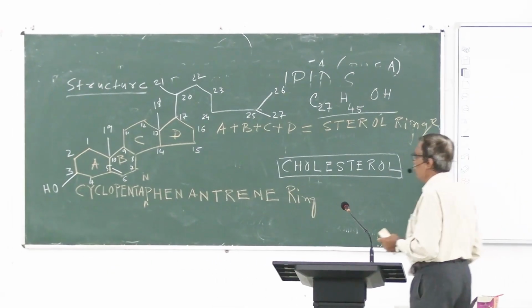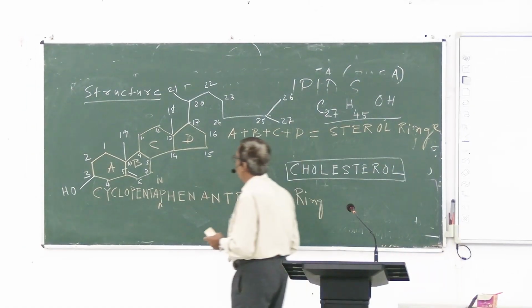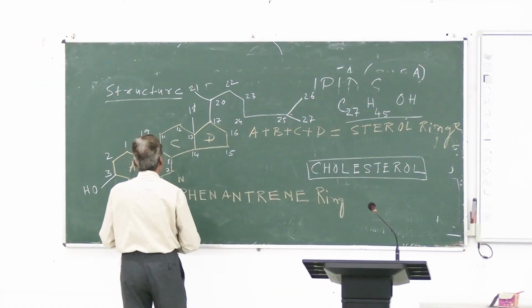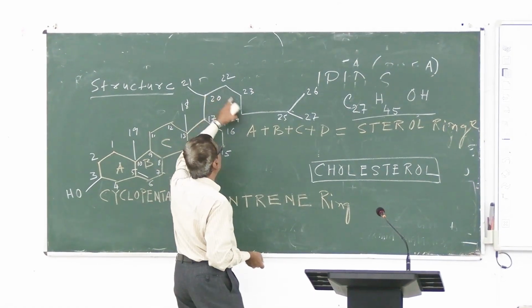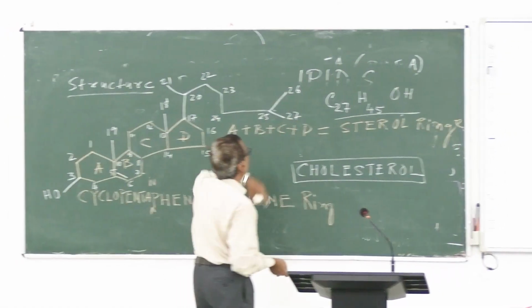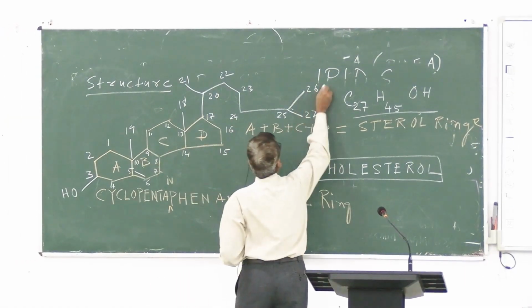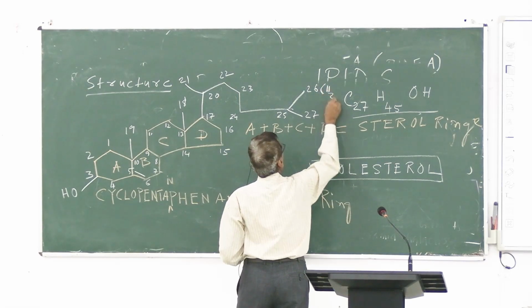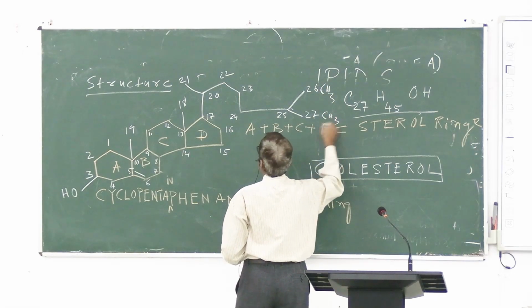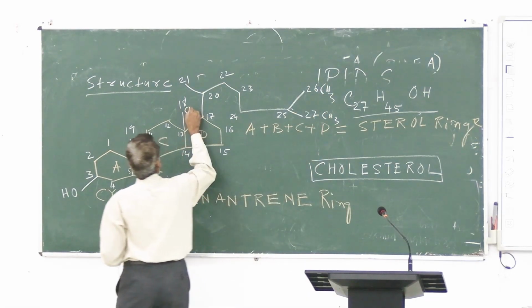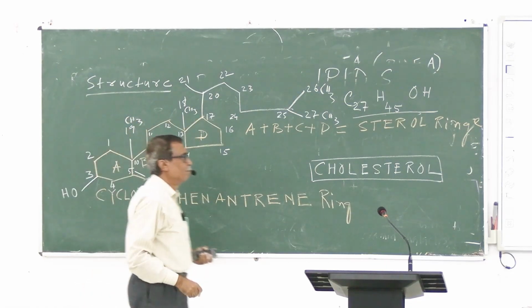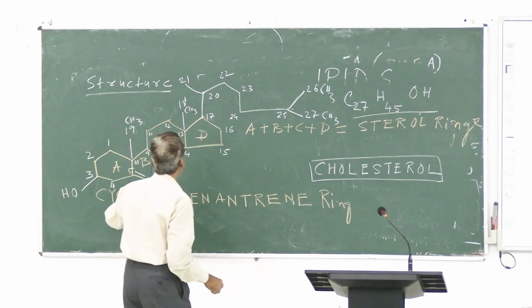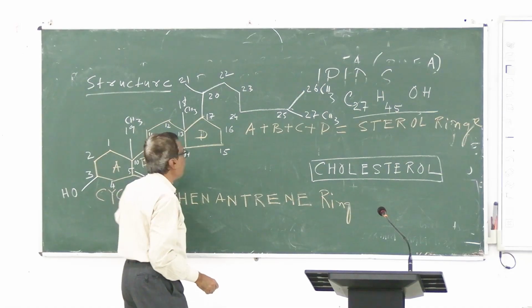27টা কার্বন, একটা হাইড্রোক্সিল গ্রুপ, একটা ডবল বন্ড, আর এগুলো সব ডেরিভেটিভ কার্বন। এখানে মিথাইল গ্রুপ আছে, এখানে মিথাইল গ্রুপ আছে, এখানে মিথাইল গ্রুপ আছে। আর ডবল বন্ড শুধু একটা জায়গায়, only double bond.